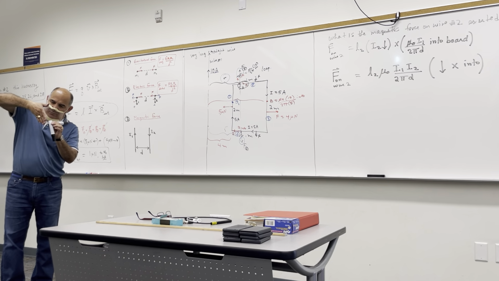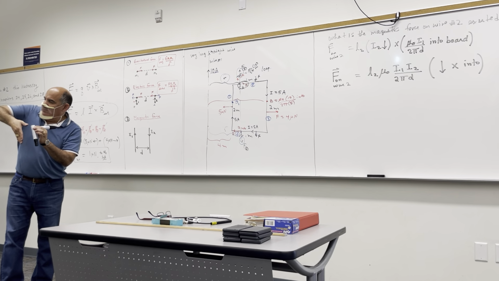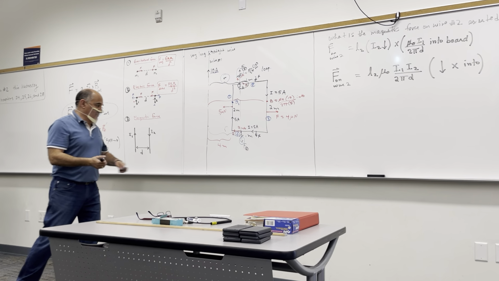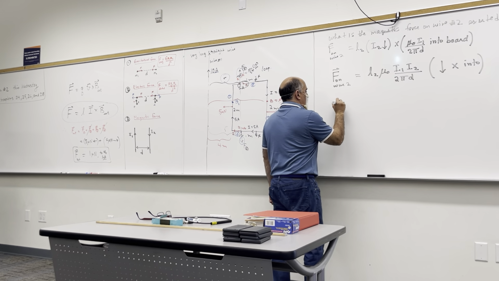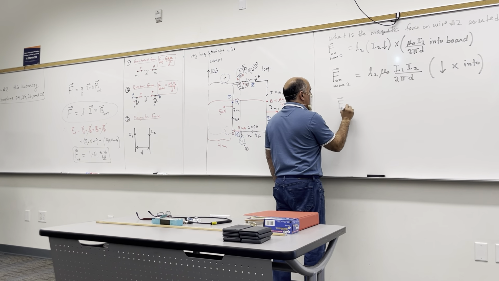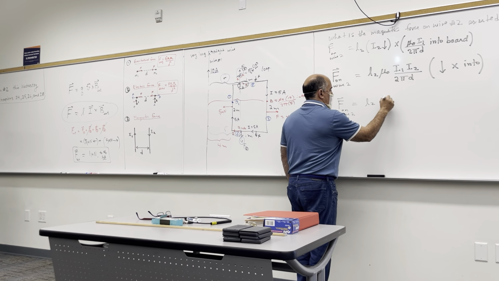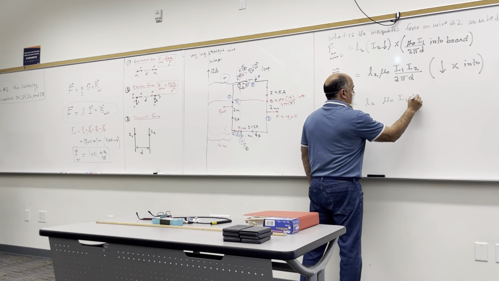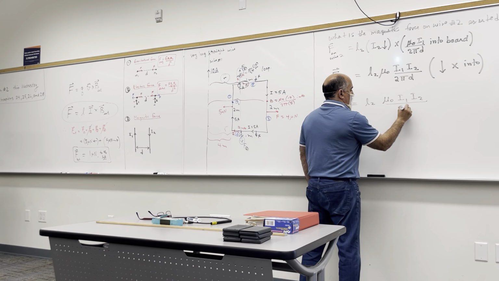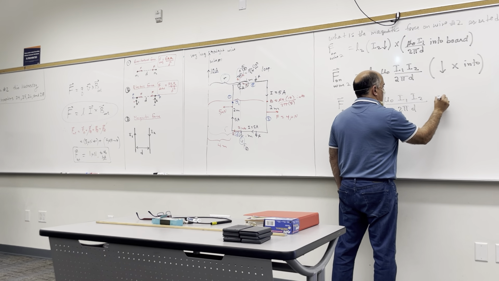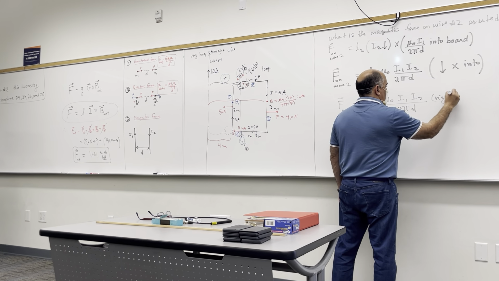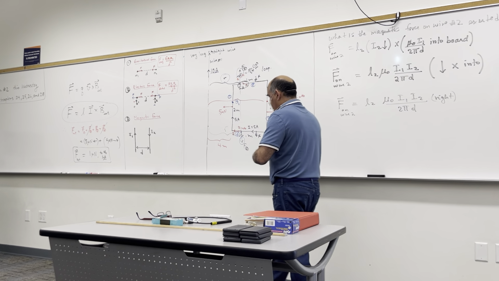It will be to the right. So the force on wire 2 will be L2 mu naught I1 I2 over 2 pi d, and this will be to the right. In other words, they will repel each other.